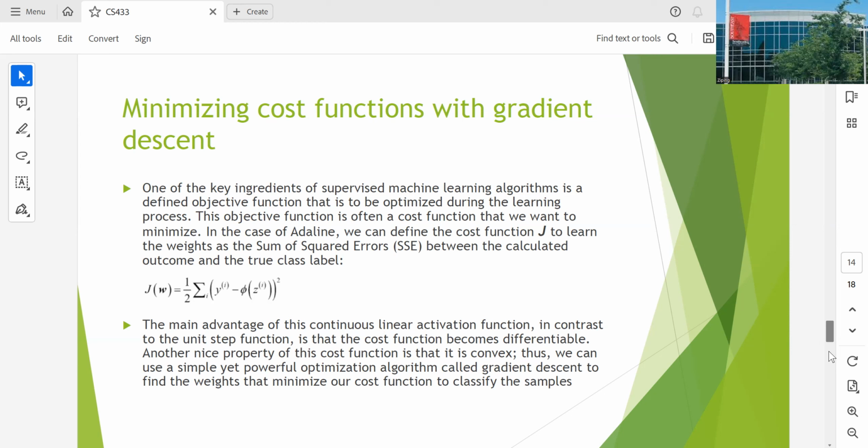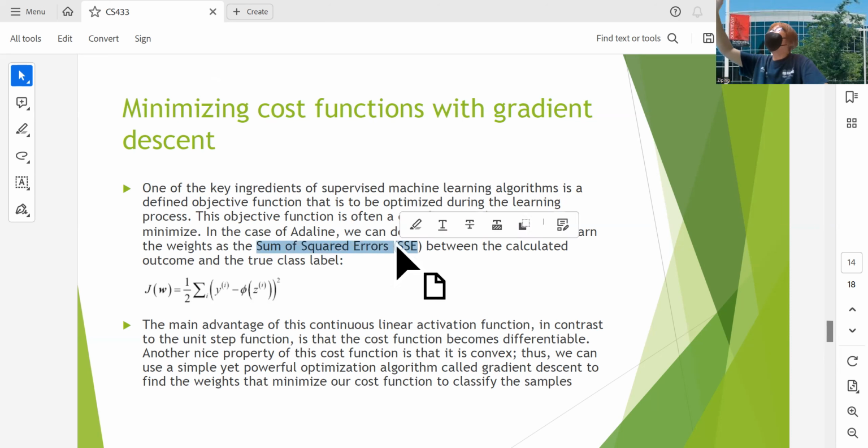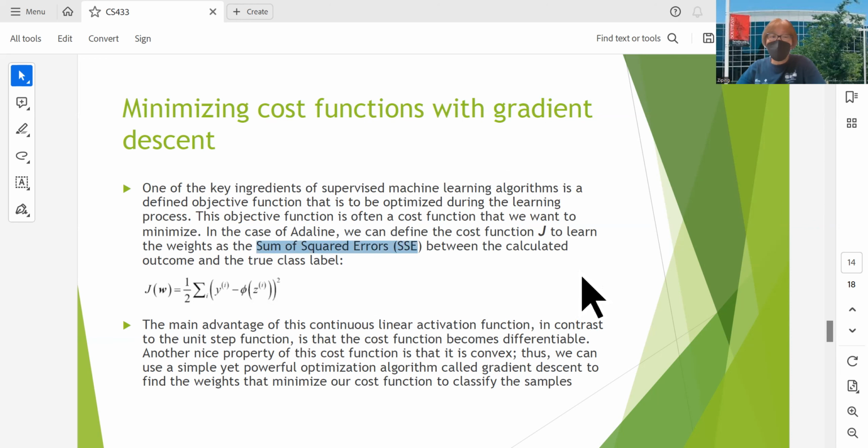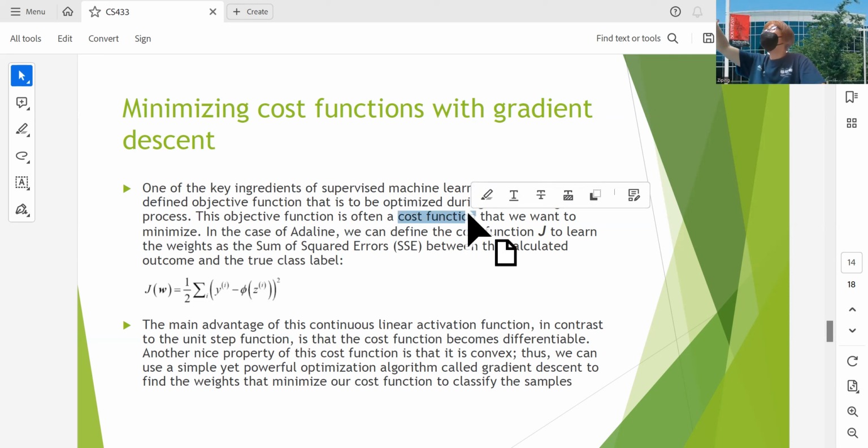Over here, we use the sum of squared errors as the cost function. Cost function. Okay.